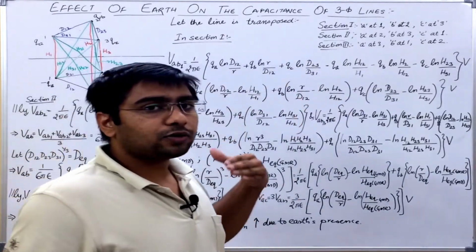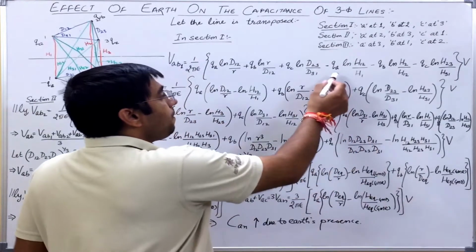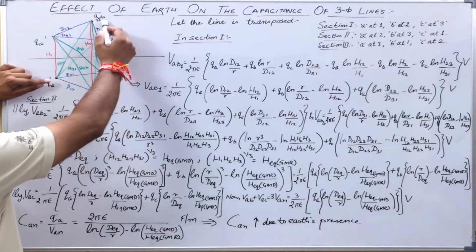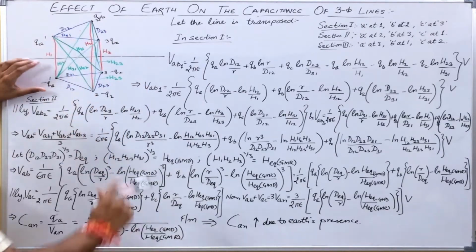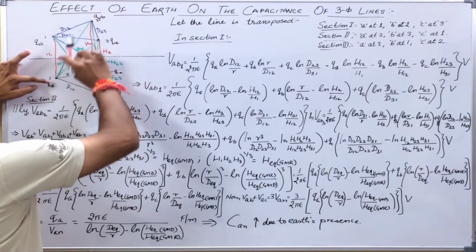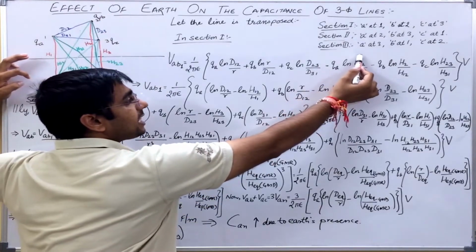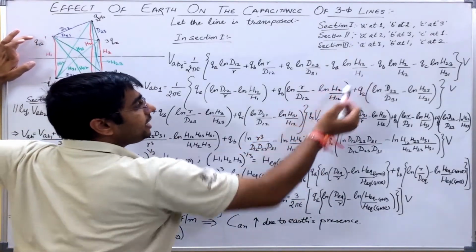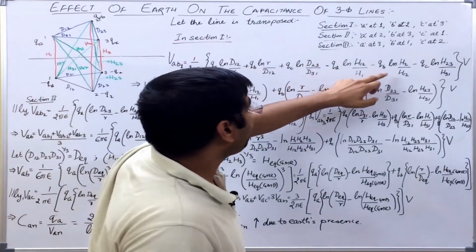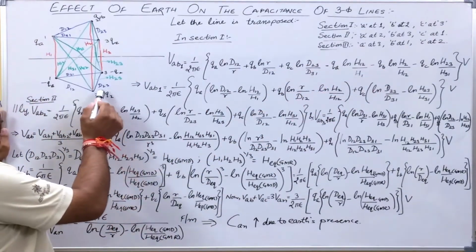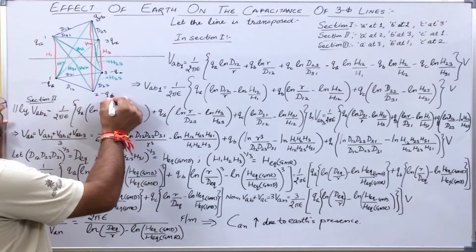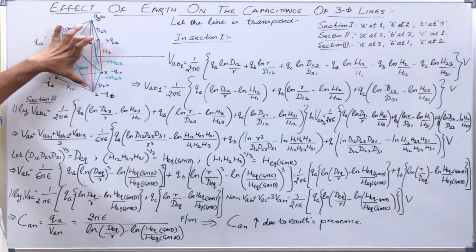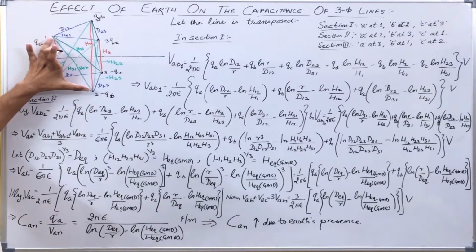Now let us see how to consider the charge minus QA. Here is the minus QA charge; position 2 is here and position 1 is here. So the distance for position 2 will be H12, which is the same as I have written here, and for position 1 it will be H1. For the minus QB charge, position 2 is at H2 distance away and position 1 is at H12 distance away.